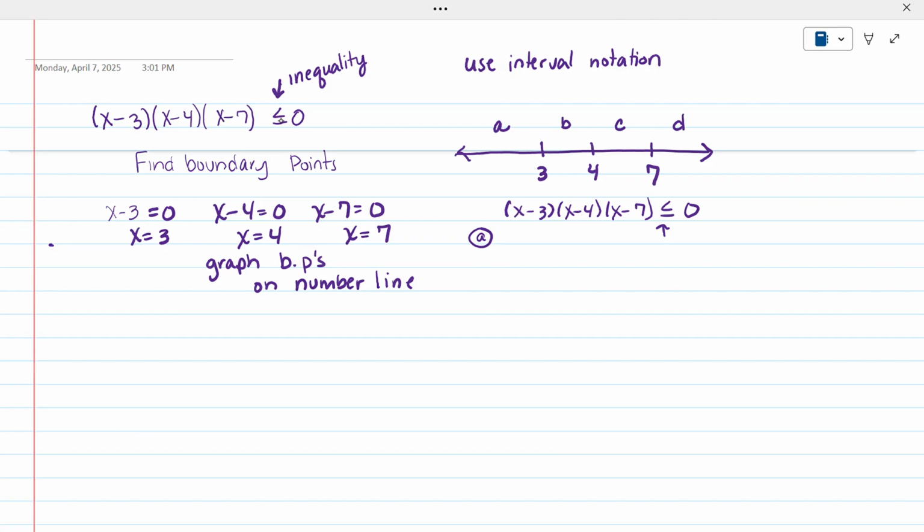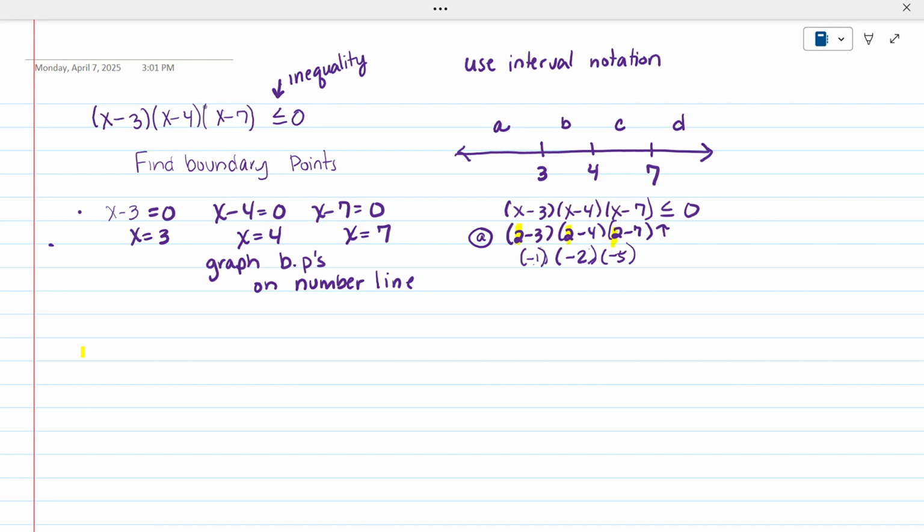So let's do that, and I'll just highlight that I'm filling in 2 for each of those. So this would be 2 minus 3, 2 minus 4, 2 minus 7. So that would give us -1, -2, -5.